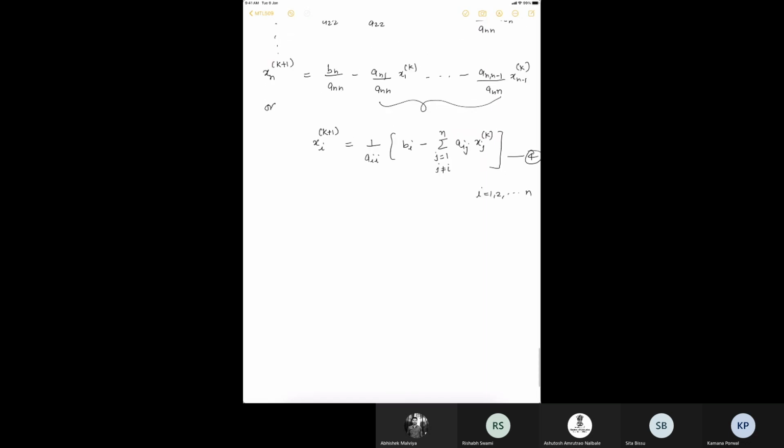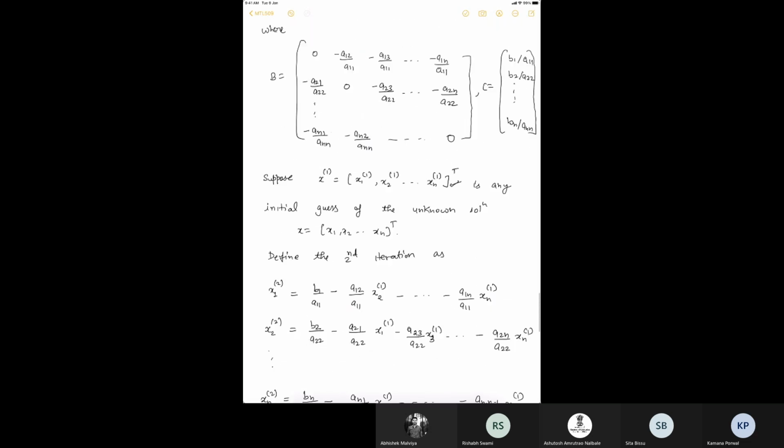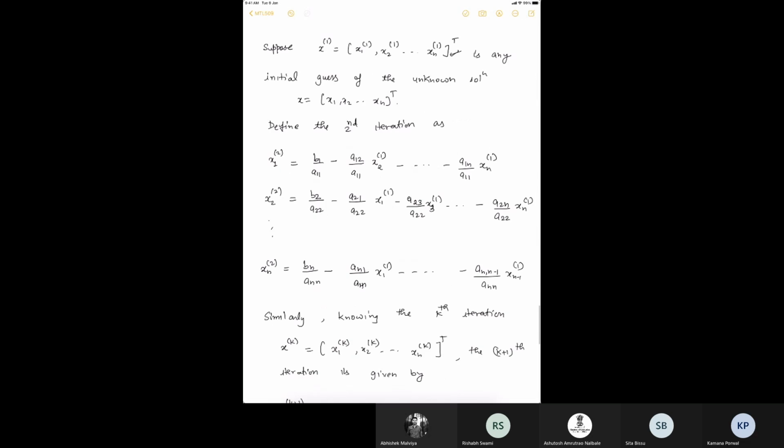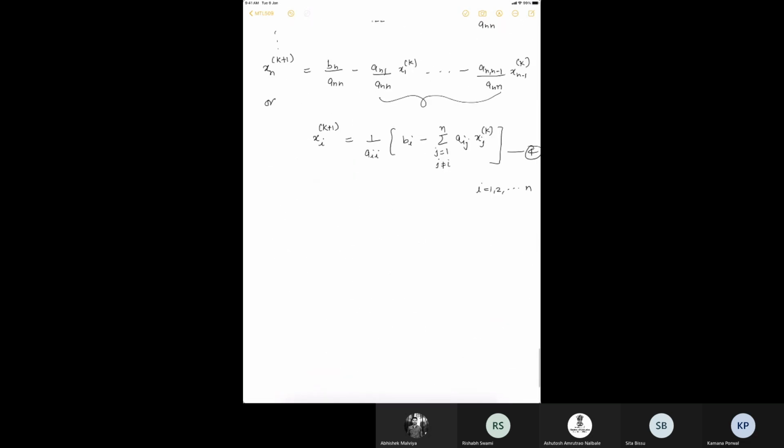Or in the matrix form, because we have already written this form here, right? 3. So you can see that I can directly write down the matrix form of this iterative sequence. So the k plus 1th iterate is going to be, with the same matrix B which we have defined, B times the kth iterate plus C. Right?